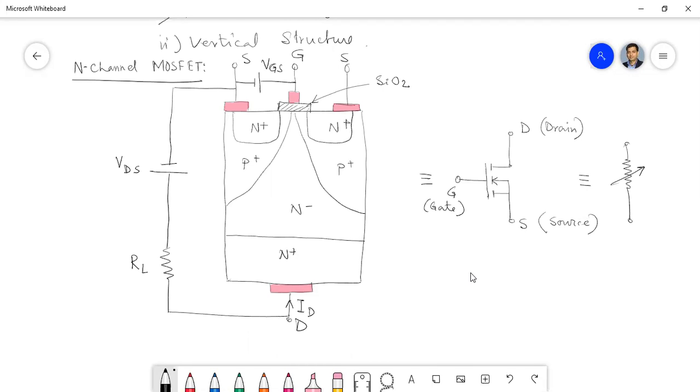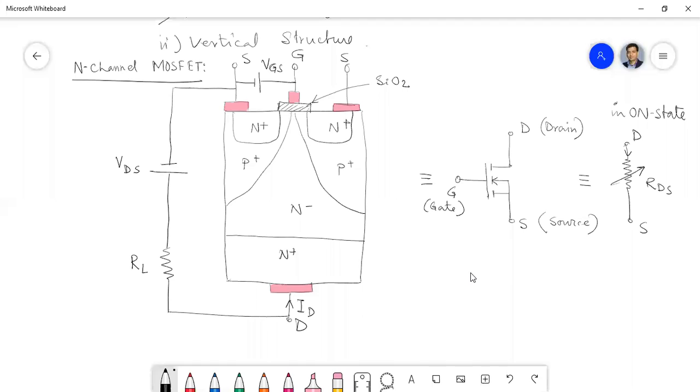In on state, it's just like a variable resistance between the drain to source. Okay, so that is the speciality of this MOSFET device. That means it is just like an ohmic resistance in the on state.